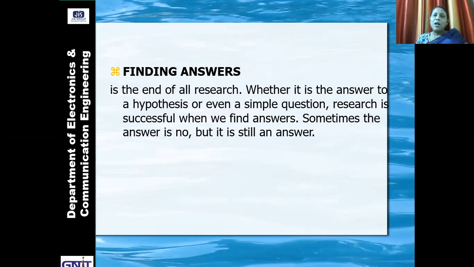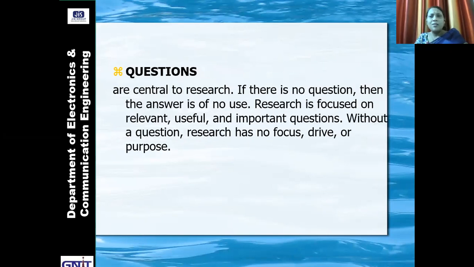Sometimes I may say that it is not possible to find out the scope of this area. This is also an answer. Everybody should know that it is not easy to find out the scope of this area. So that is the end of the research, that is finding answers.